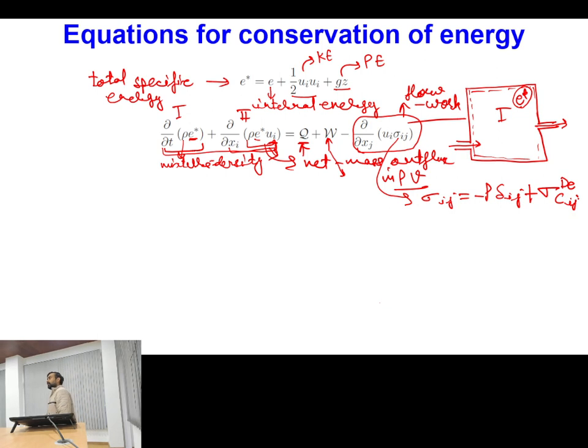Is this point clear? Out of this sigma ij, the contribution of pressure into velocity will come in the form of flow work, and the contribution of sigma dash ij multiplied by ui will come in terms of the viscous dissipation. Are all clear with this idea? Fine.